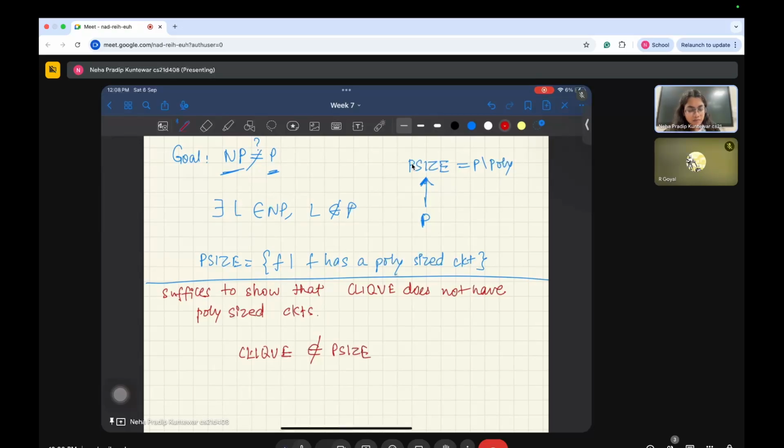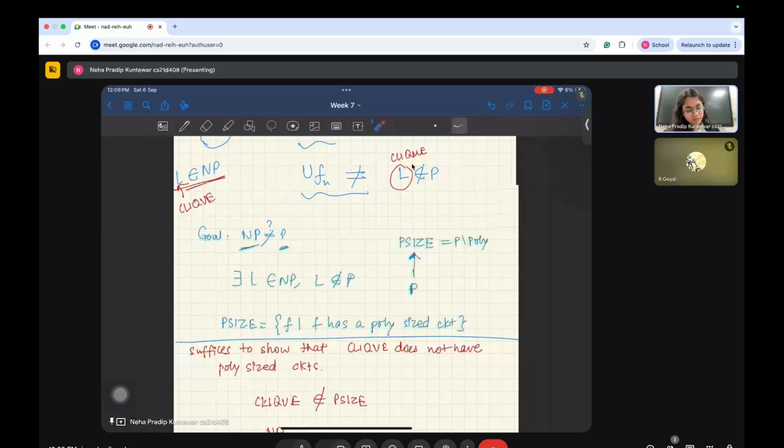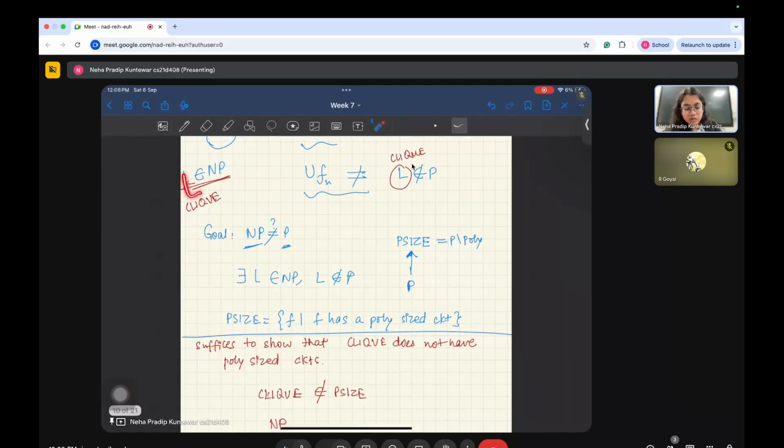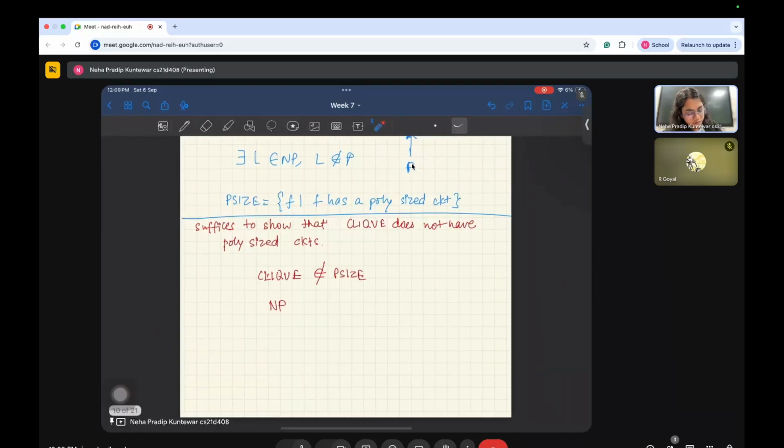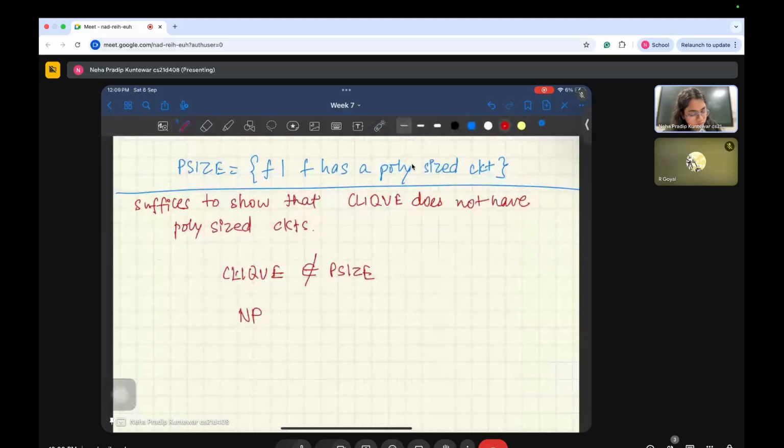That means there is a language in NP, CLIQUE, sorry, it's the other way around, P-size. Okay, sorry, which direction is that?